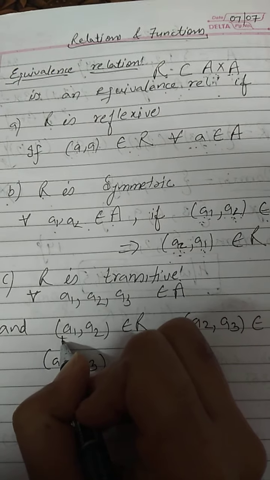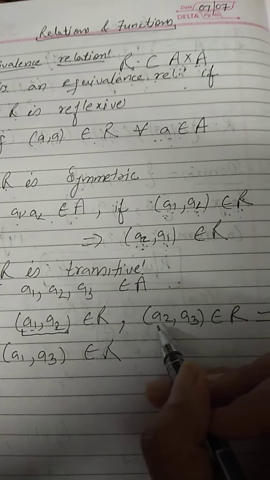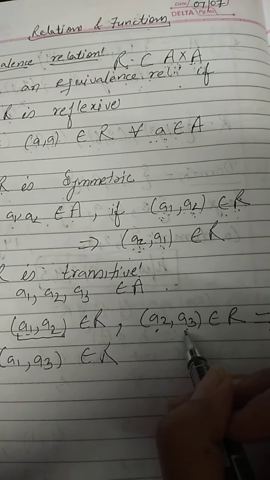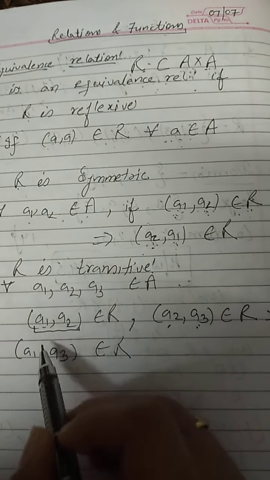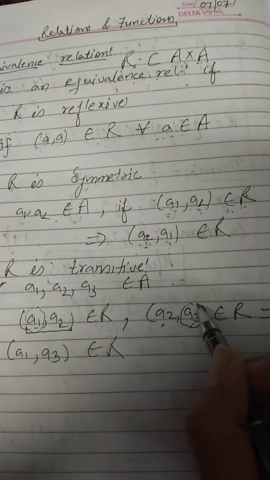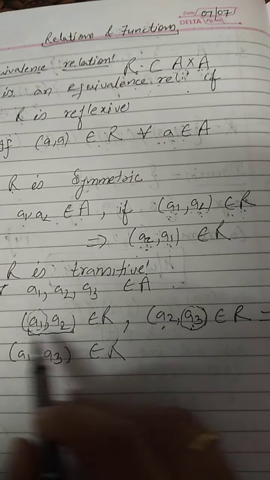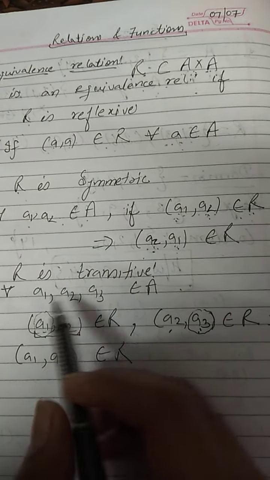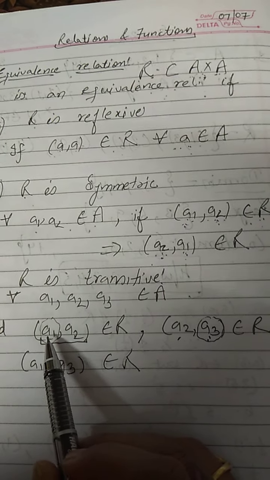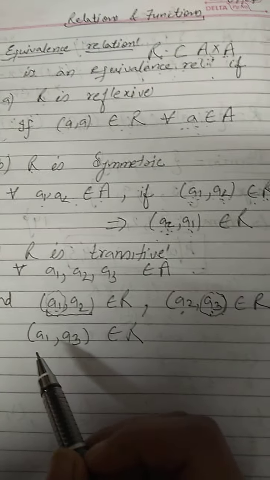That means the image of A1 is A2, and in another ordered pair the image of A2 is A3. If the same relation is defined between A1 and A3, then I will say the relation is transitive.